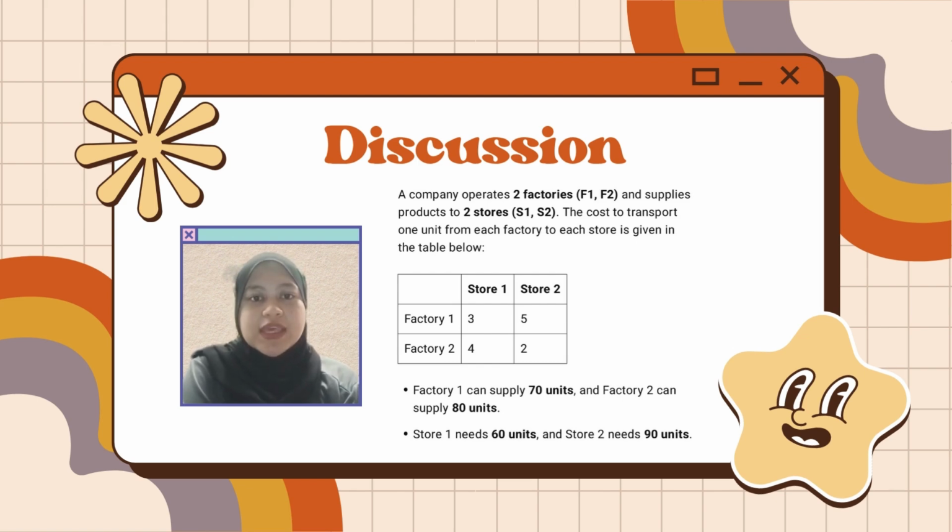Factory 1 can supply 70 units and Factory 2 can supply 80 units. Meanwhile, Store 1 requires 60 units and Store 2 needs 90 units. The goal is to determine how many units each factory should send to each store while minimizing transportation costs.